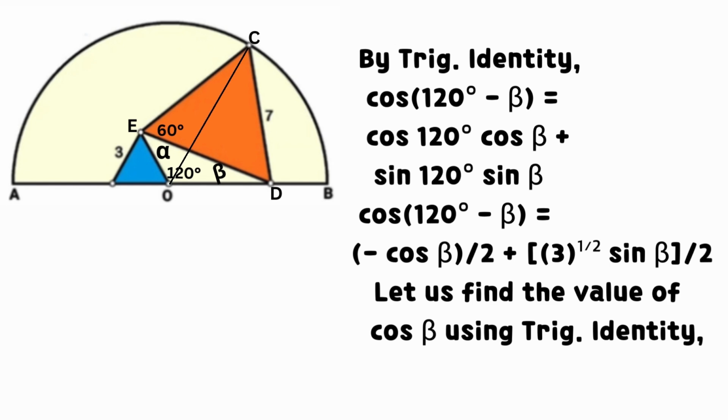Let us find the value of cosine beta using trigonometric identity.